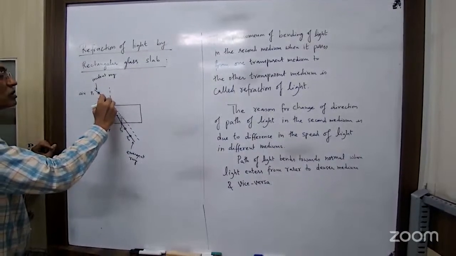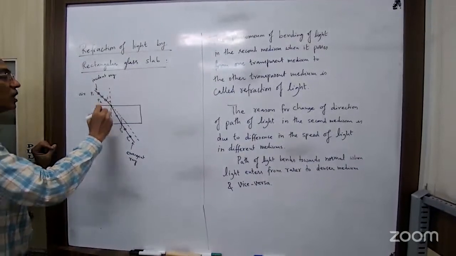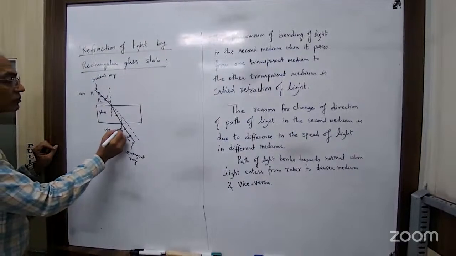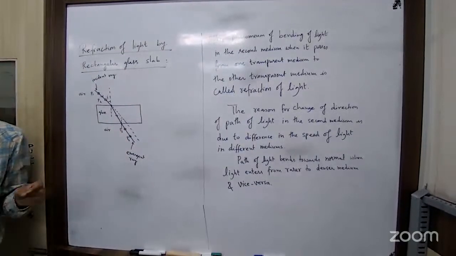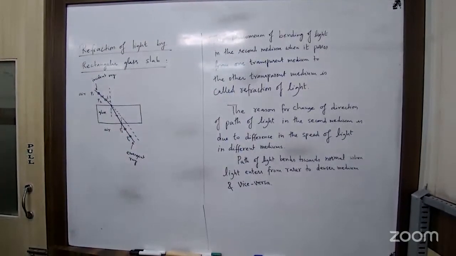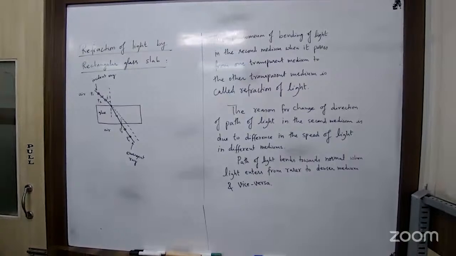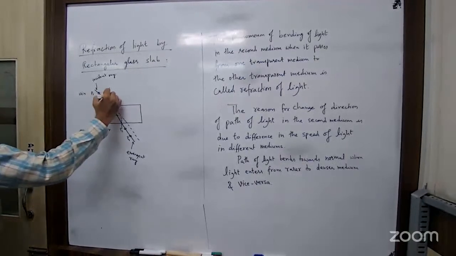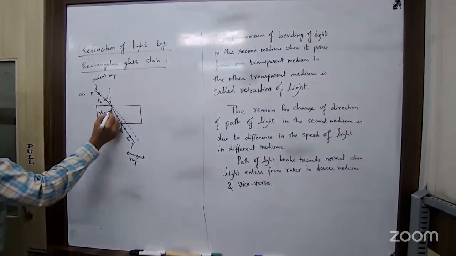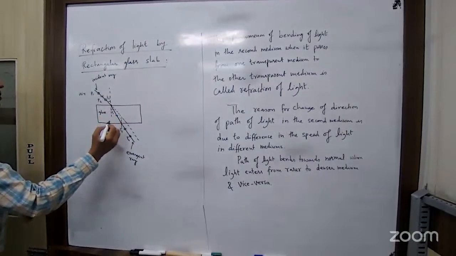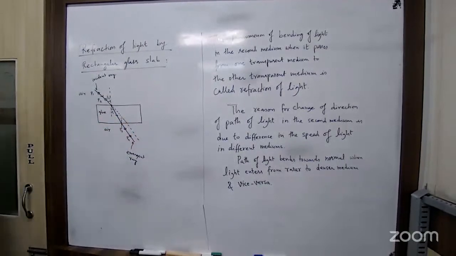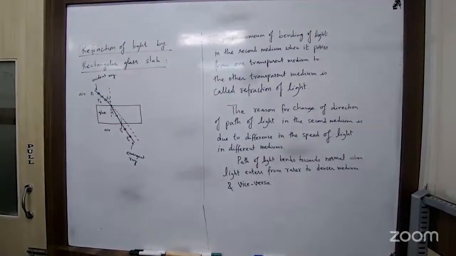Okay, so this is angle of incidence, I. What is the angle given in the book? E, R2, I1, R1. This is I1, this is R1. Then this is given as I2 and this is R3.